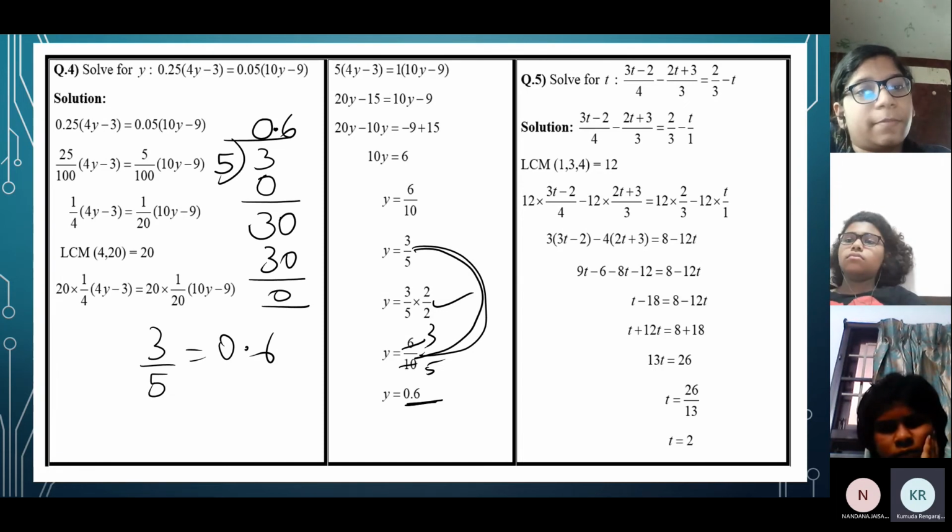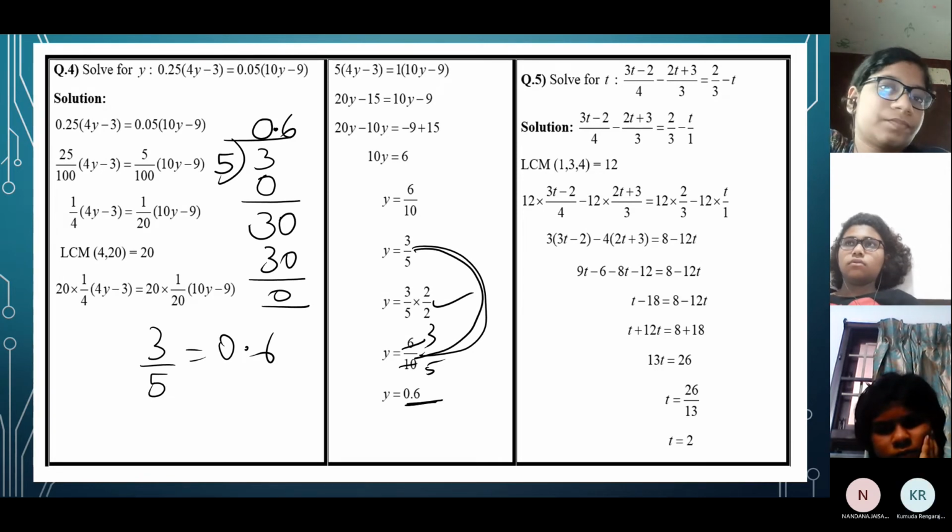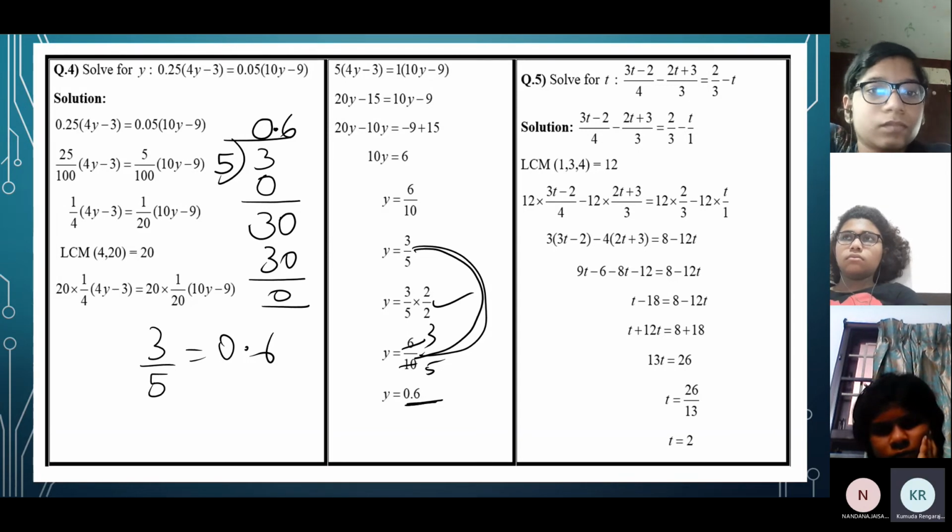You can find the decimal form like this or by doing the long division, any method. Anyway, 3 by 5, you can do the long division and get the decimal form 0.6. Or you can use this. Not always can you bring it to denominator 10, like supposing you had 7 by 3.